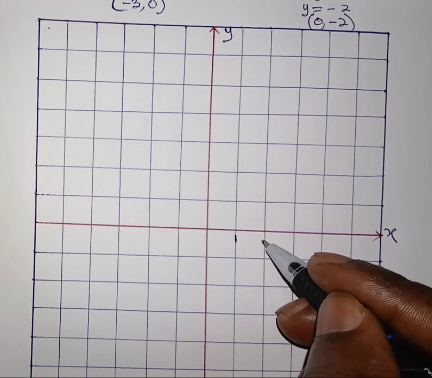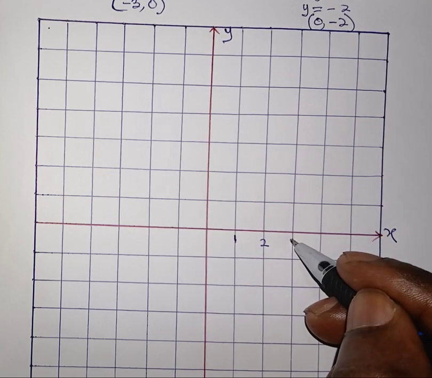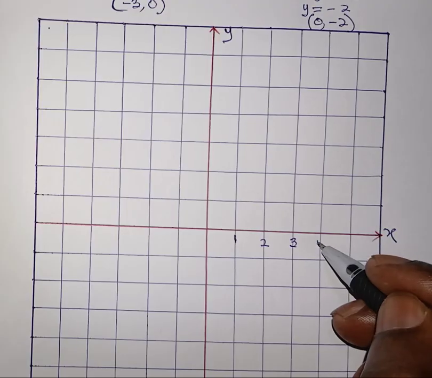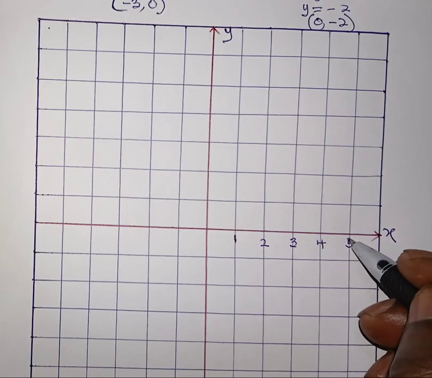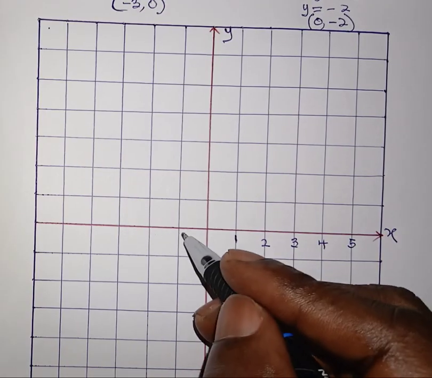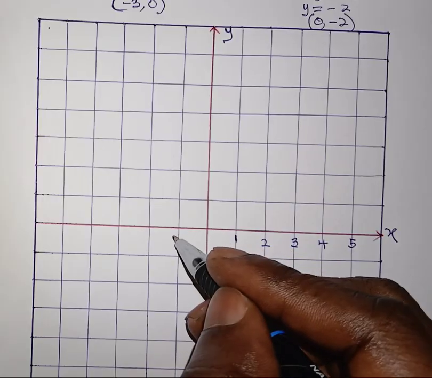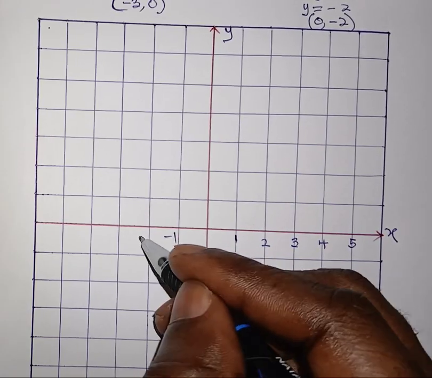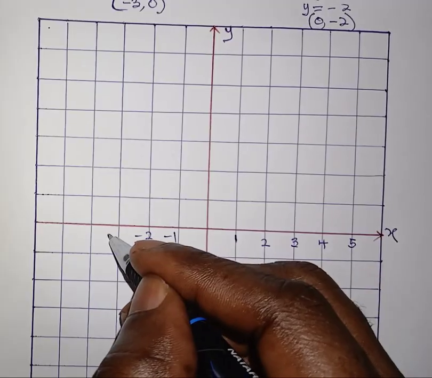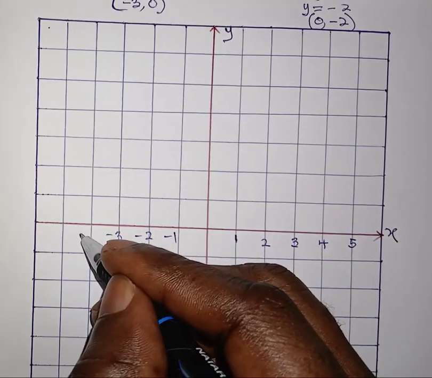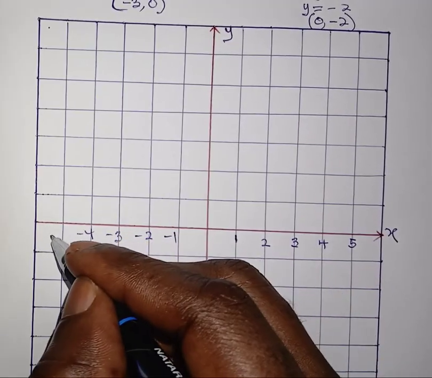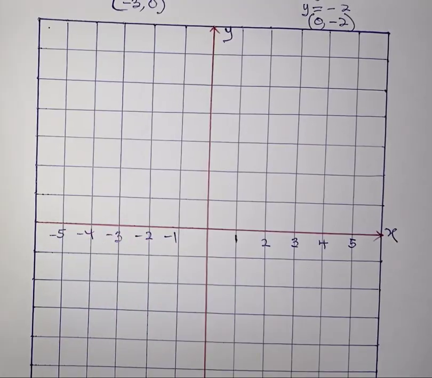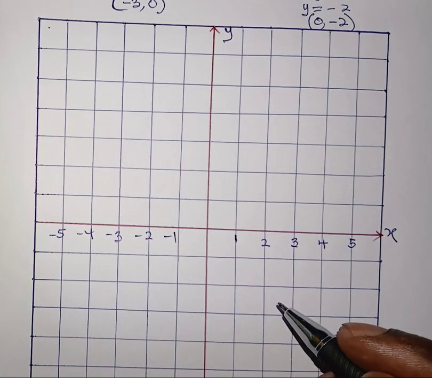So 1, 2, 3, 4, 5. Then here too the same thing. So negative to my left side, it will be negative 1, negative 2, negative 3, negative 4, negative 5. Good.